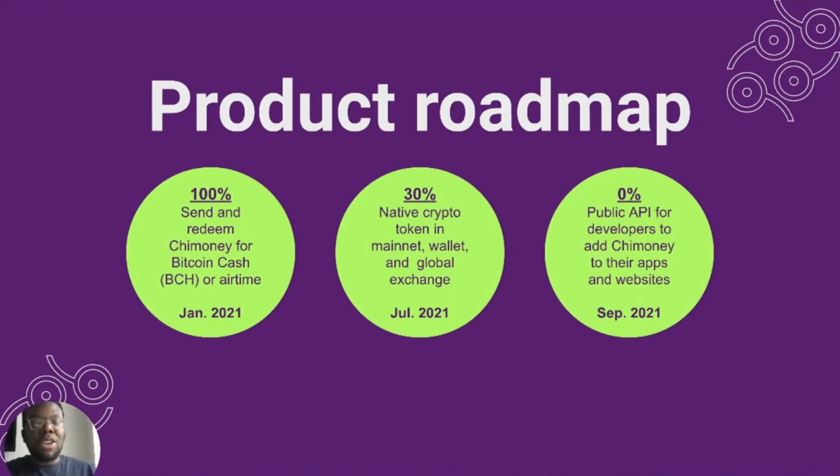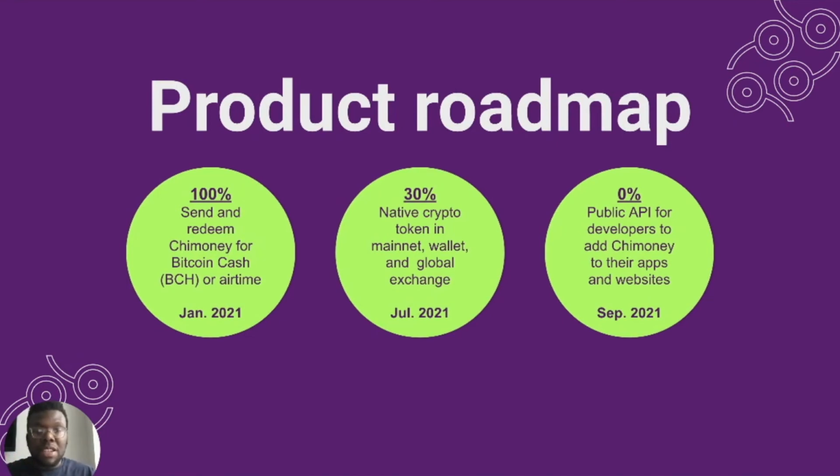So we started working on Chimoney last month, and already you can redeem airtime in 15 countries. And as of this hackathon, as of today, you can redeem Bitcoin Cash, which is super exciting. So for July 2021, we want to have our crypto token on mainnet.